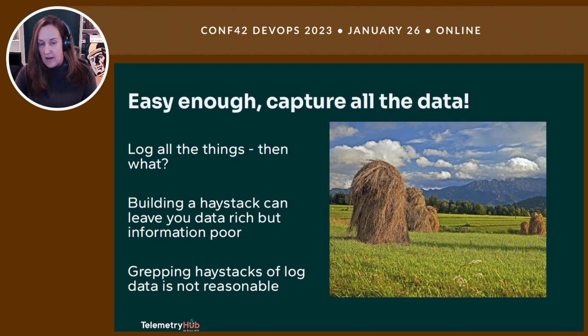Not really, because you're building a dumpster of data that is hard to navigate. You don't want to spend all of your time digging through logs. That can be just as ineffective as throwing hypotheses at a wall and trying to fix something in production. So you really want a better, more thoughtful approach to how you achieve observability in your systems.